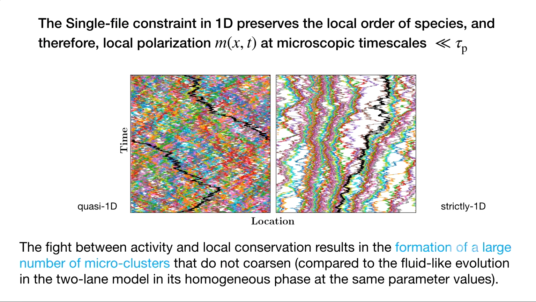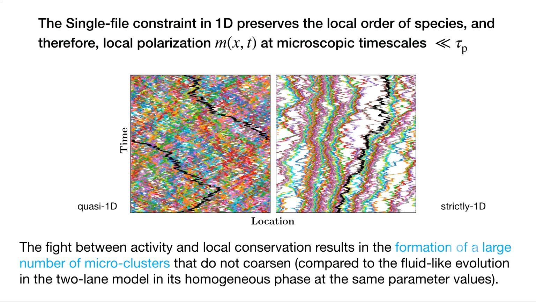On the other hand, for this strictly 1D model, you have what I call microclusters, so particle aggregates, but they aggregate at the micro level, 2 particles, 3 particles. In 1D, this flipping, going from plus to minus and minus to plus, happens at a much slower rate.